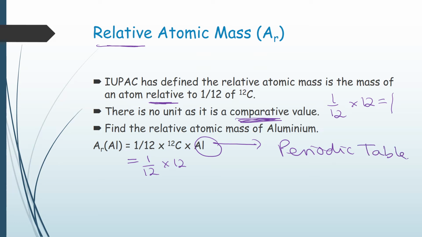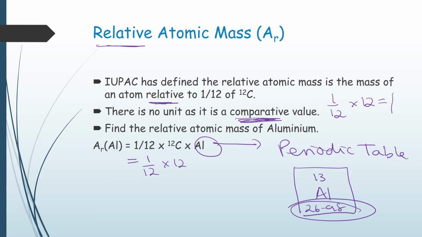On my periodic table, the aluminium looks something like this, so it's 13, 26.98, and I take this value here and I go times 26.98. And guess what? 1/12 of 12 is 1. 1 times 26.98 is 26.98. So in fact, the relative atomic mass is always equal to the value on the periodic table.